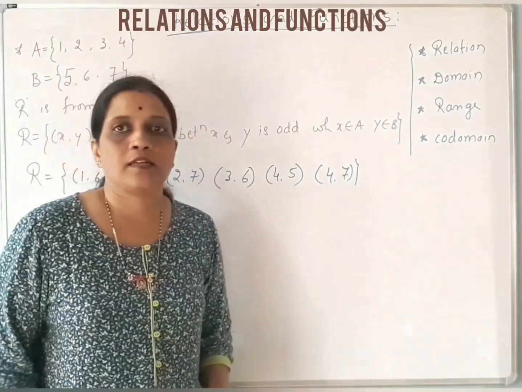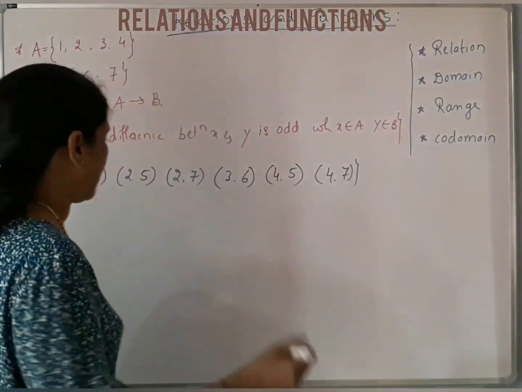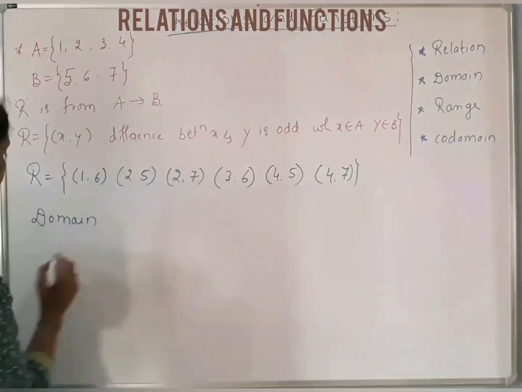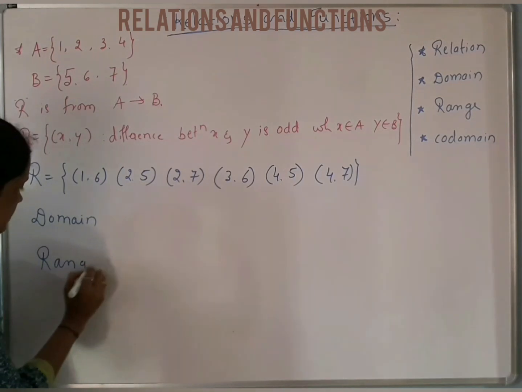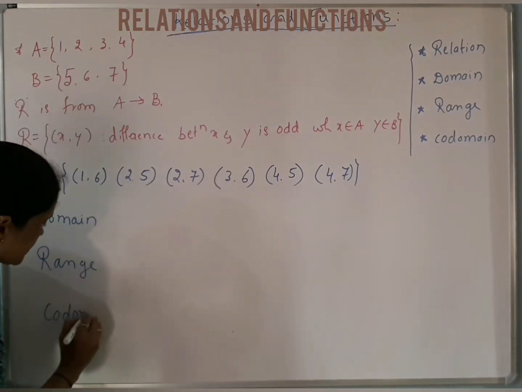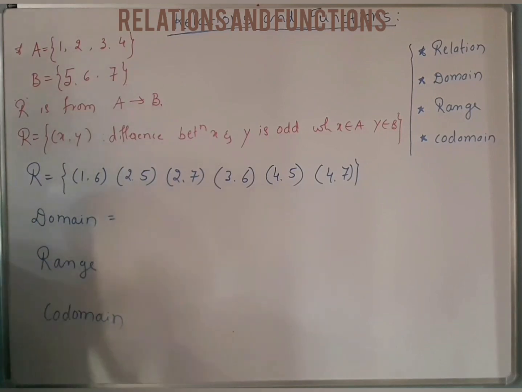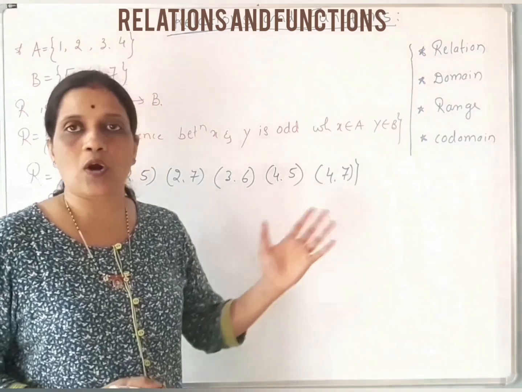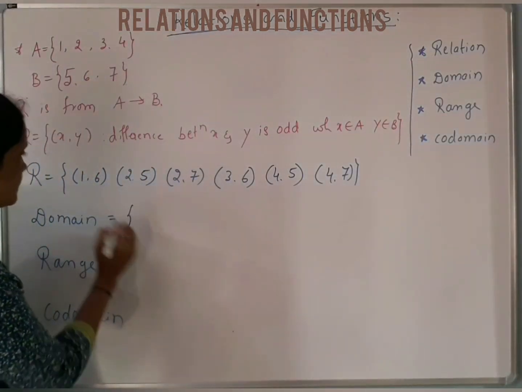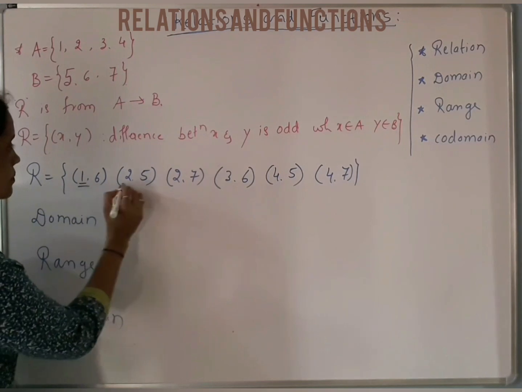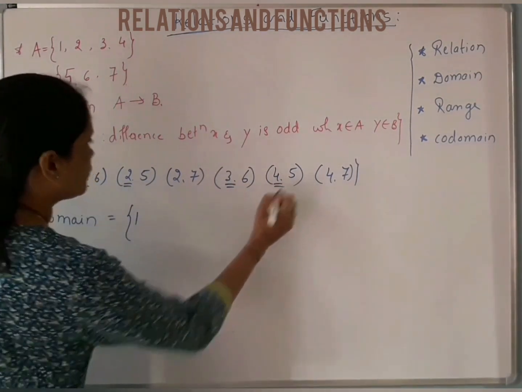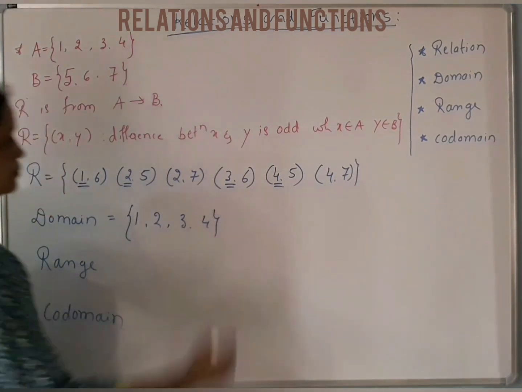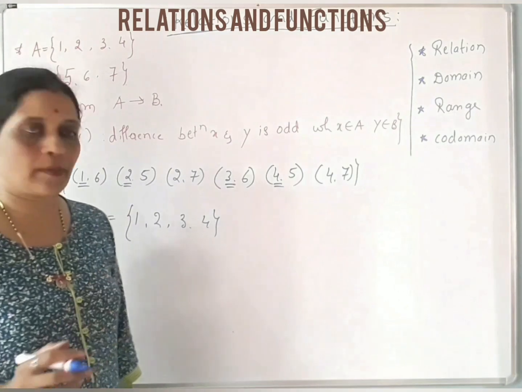From this we can now easily write what is domain and range, and the last one is codomain. So domain is nothing but the first elements of all the ordered pairs: 1, 2, 3, 4.